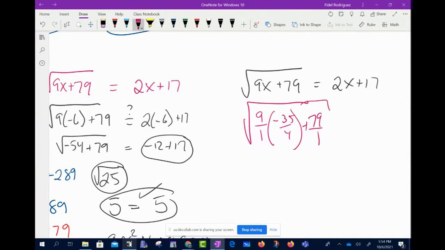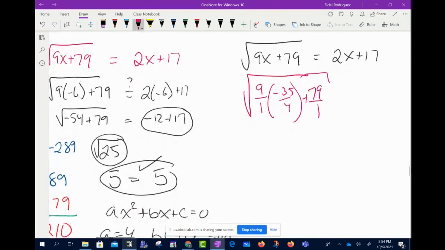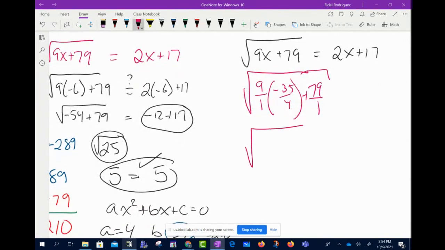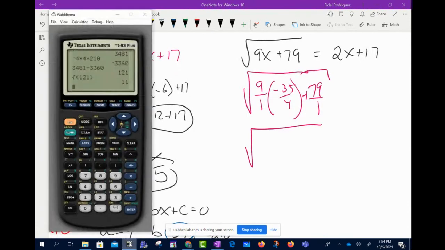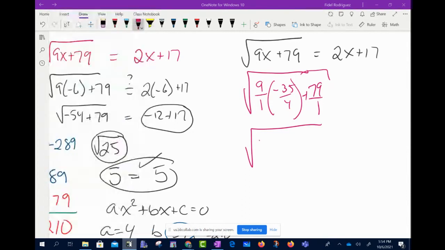So I'm writing the left side, y'all. When I'm plugging my number in, I'm writing it as if everything is a fraction. Again, I'm going to do this just like I did before. I'm going to take my calculator. What's 9 times negative 35? Negative 315 over 4 plus, now I want you to look at this part. I need to get a common denominator here.